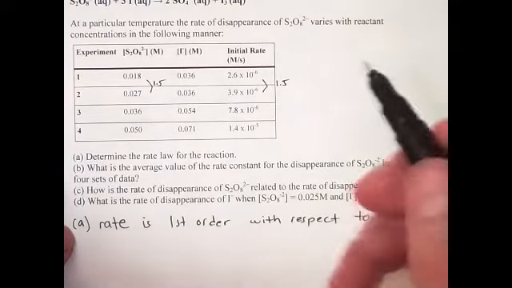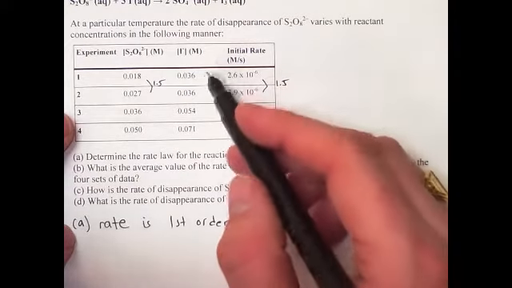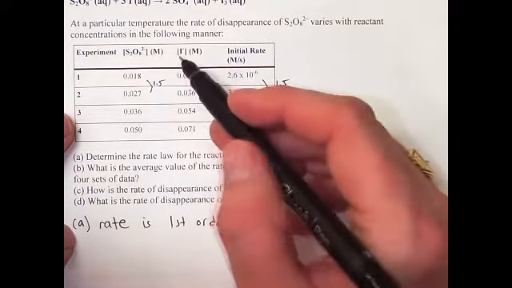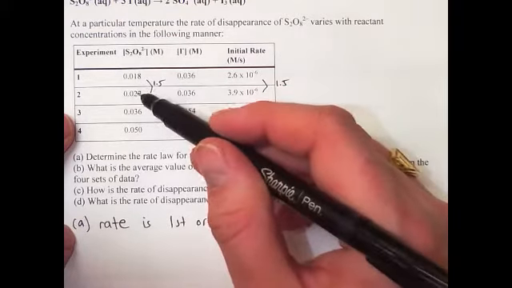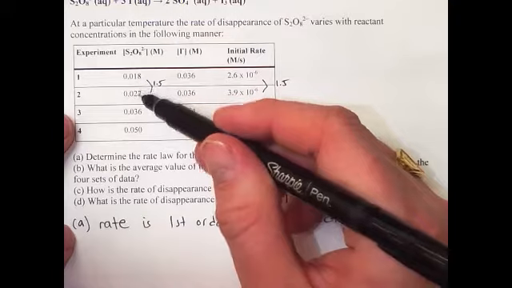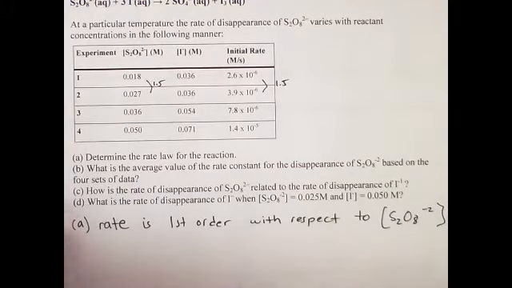Now let's find one that's the same in another aspect. So in this particular experiment, they never held S2O8 to be constant. So that gives us a little bit of an issue.